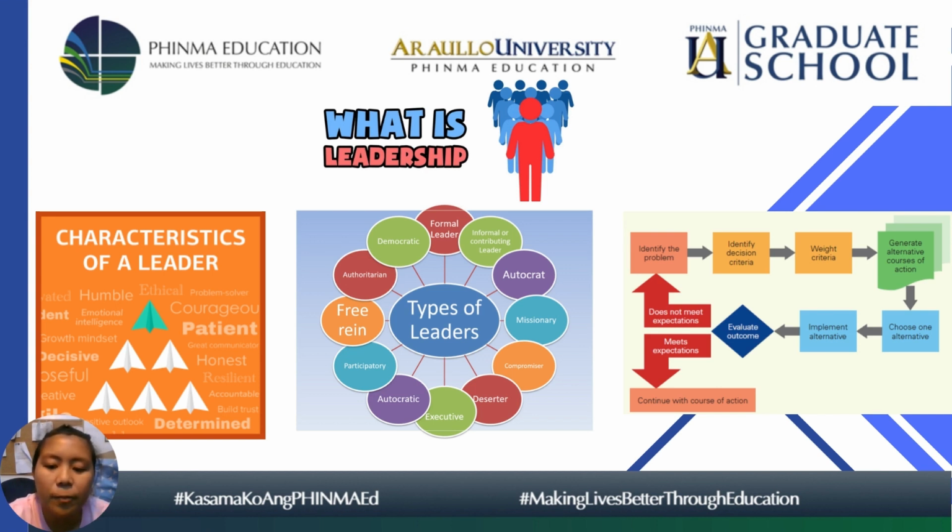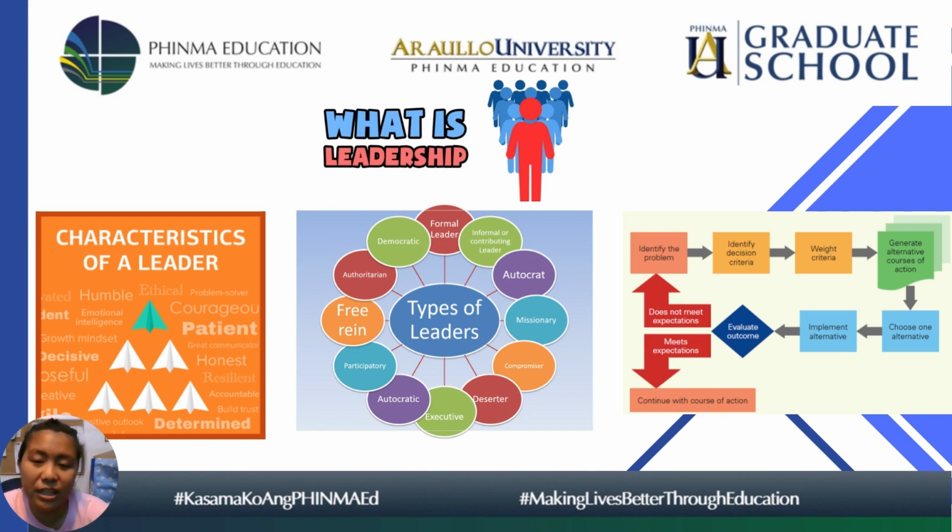Okay? And, ayan. Ano ngayon ang connection ni 7-step format in decision making? Ito po yung ginagawa ni leader or ito yung kailangan gawin or gamitin.